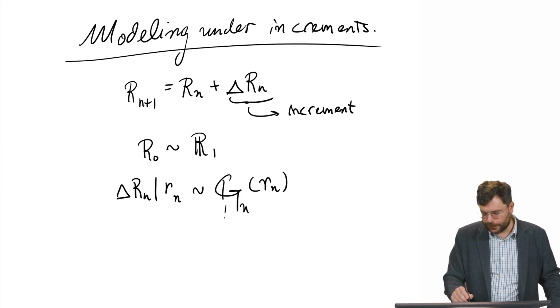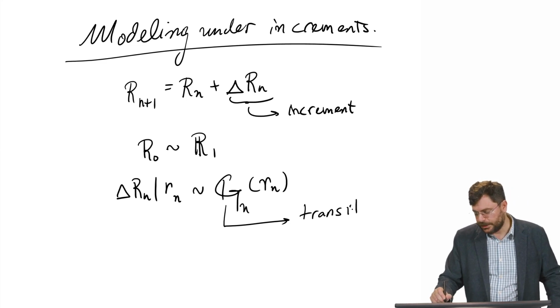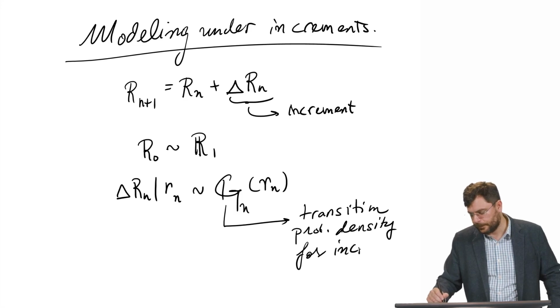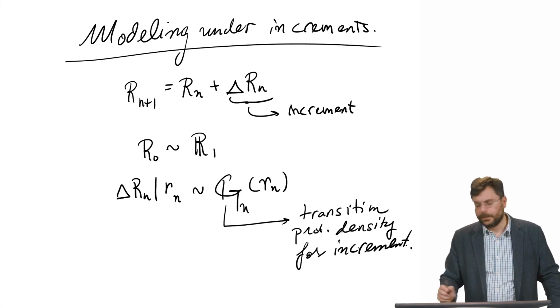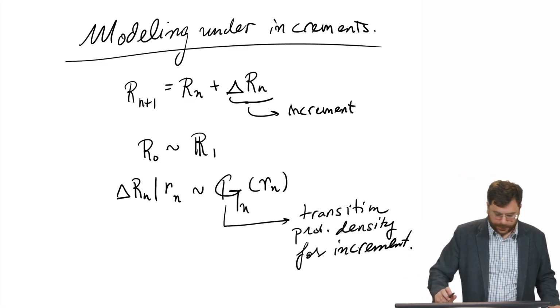And this is a transition probability density for the increment. It may be more convenient to write these down for increments.